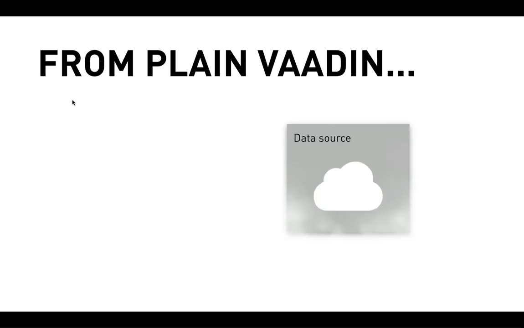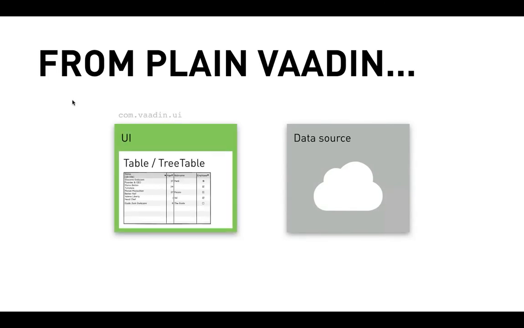From now on, I'd like to take a little step back and start thinking, what if I was building such an app outside of Magnolia as a plain Vaadin app? What would I need? At first we have our data source, a big fat data source, and we want to build just a very simple UI, a simple Vaadin application which just holds a table or tree table.